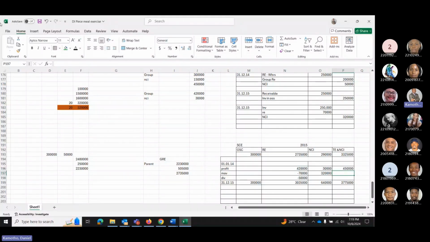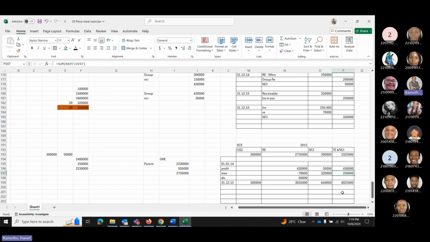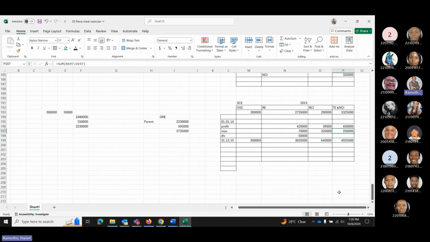If I do summation here, you'll see it is on this column. It gives you a 250, which is represented by the investment in associate. So there is a movement of 250 in reserve. That's why you see the total movement is showing a 250. So we have received, and there was a 70 and a 320 and a net movement, which is the investment. So that is how we account for it.